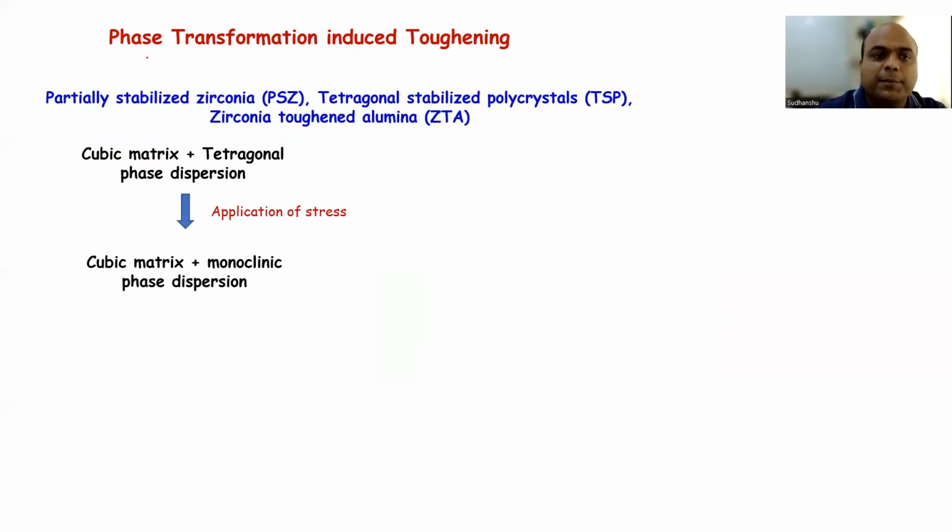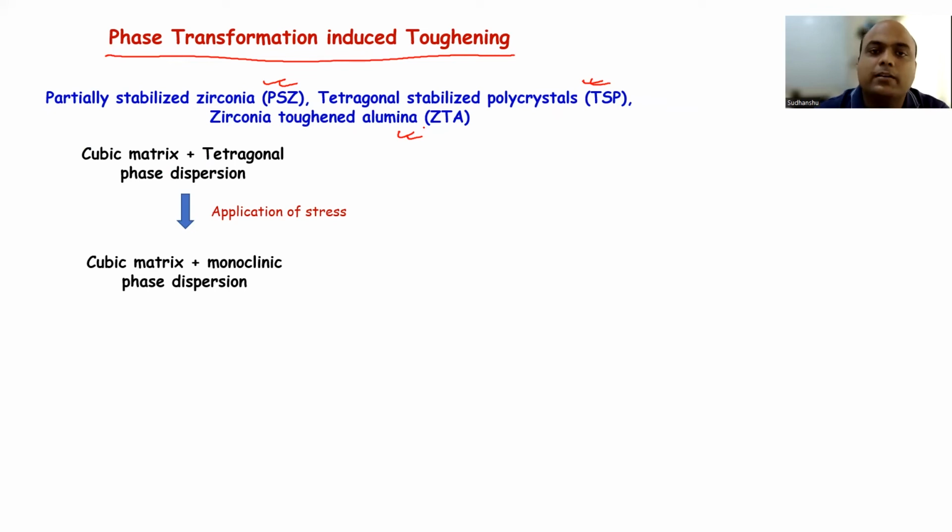Okay, so let's talk about phase transformation induced toughening. You must have heard about partially stabilized zirconia, tetragonal zirconia polycrystals, zirconia toughened alumina. Okay, we also say yttria stabilized zirconia, YSZ, right? So these are related to phase transformation induced toughening.